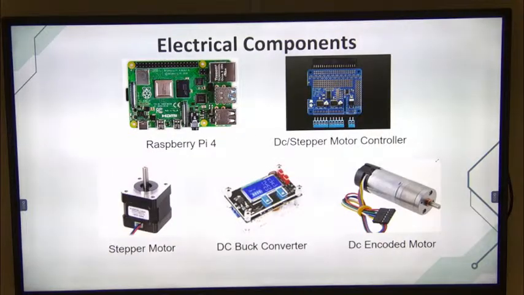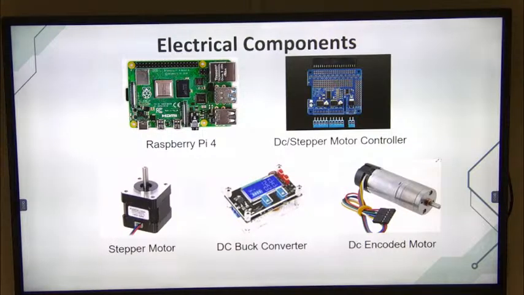Yes, for the electrical components, first we have the Raspberry Pi 4, which is the mind of the robot. Then we have three stepper motors which control and move the camera vertically and horizontally. We have the DC encoder motor, which moves the robot across the solar array.